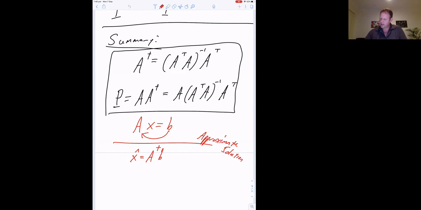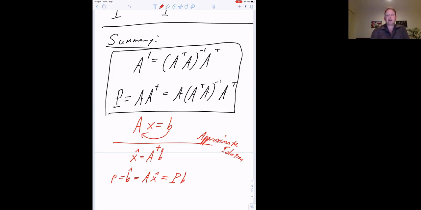And we can call it B hat, or just P, that's what we called it before, which is A times X hat, which is the projection matrix P times B. Okay, that's what we do.